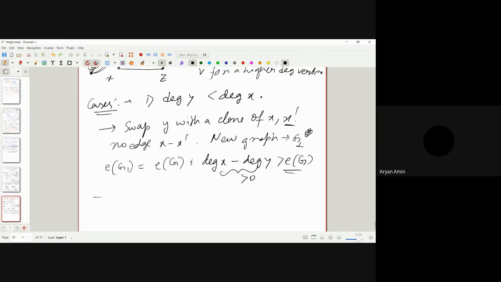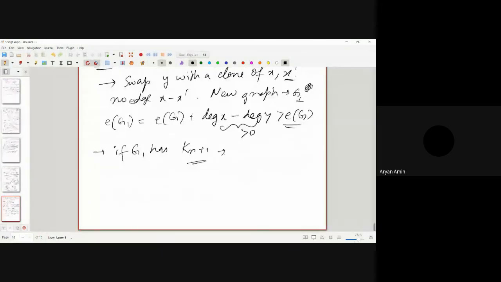Now note that if g1 has a K_{r+1}, think about it, any K_{r+1} in g1 must have at most one of x and x dash, because there is no edge between x and x dash.